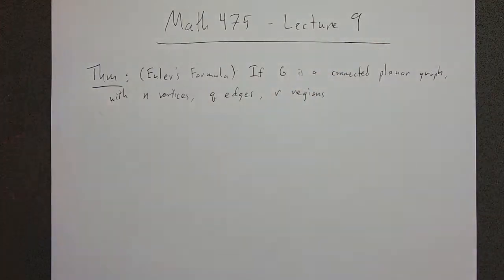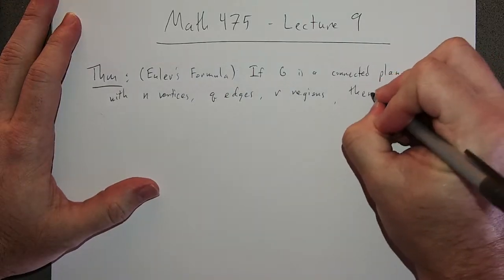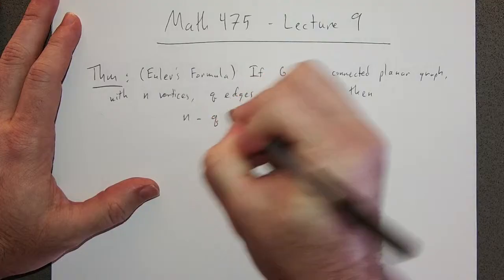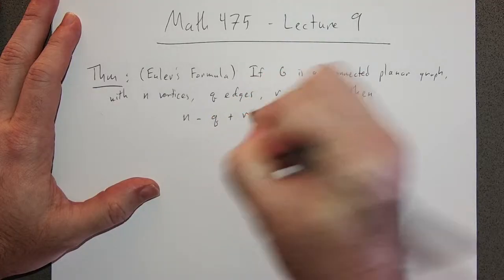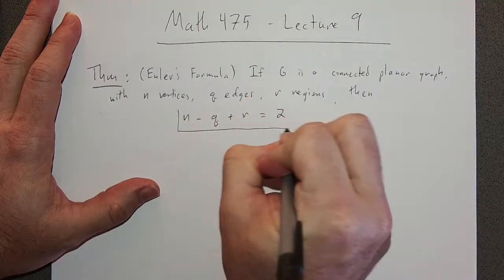This R referring to regions is the only reason we don't use a much better way of labeling this, which we are going to use for polyhedra.